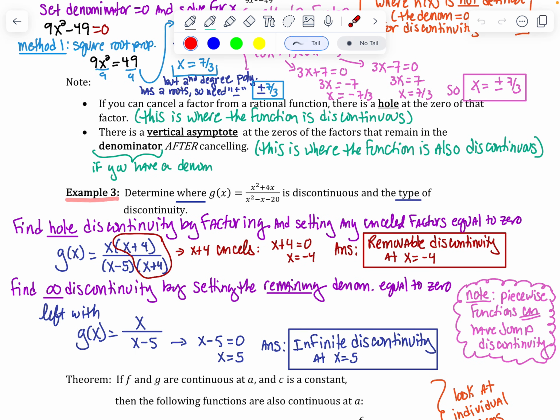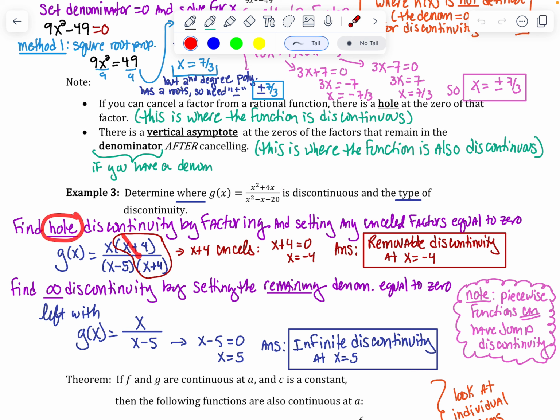So let's look at example 3 to see that happen. I'm asked to find where this function is discontinuous and the types of discontinuity. So I'm going to factor the denominator and I'm going to factor the numerator.